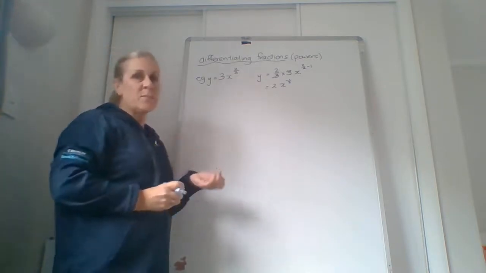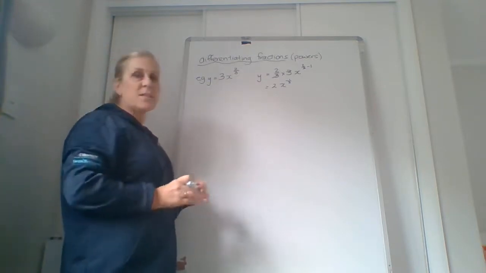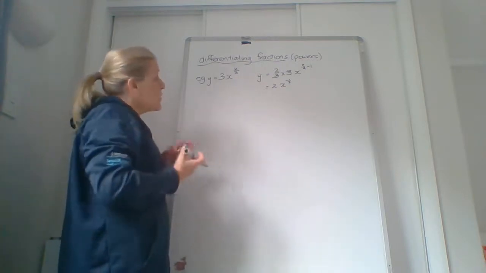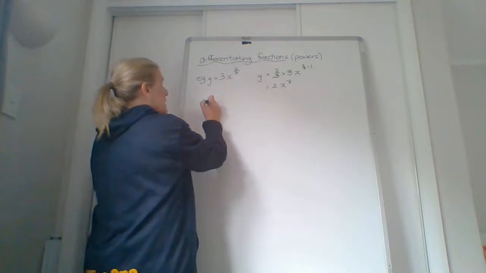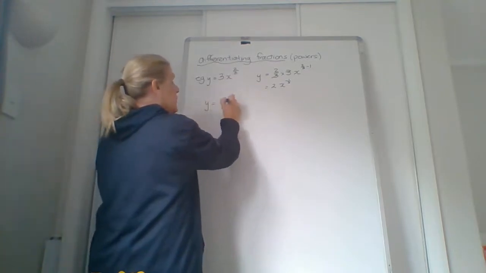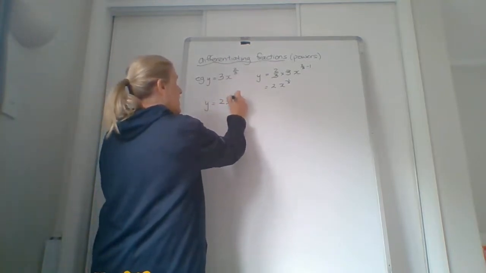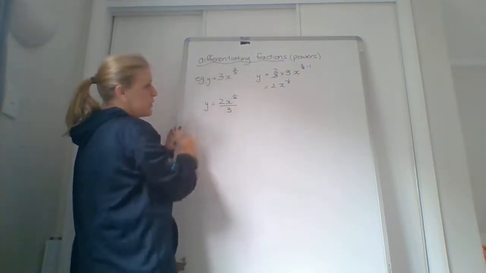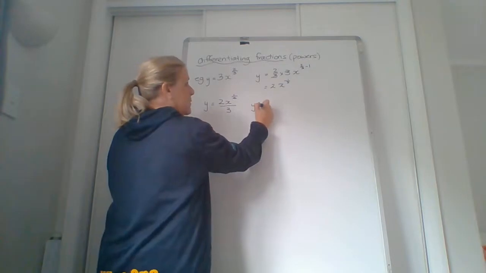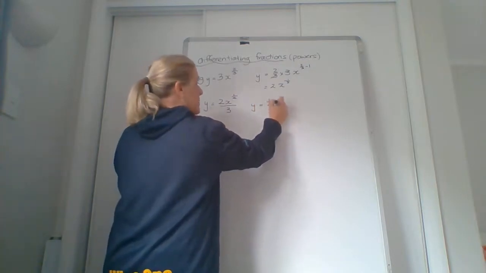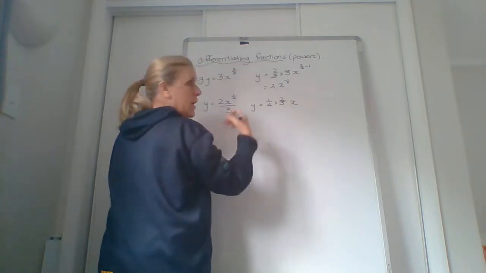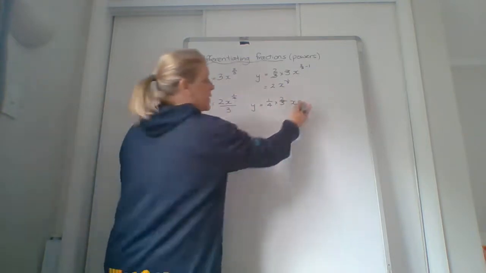They don't expect you to simplify things in this paper, they just expect you to show that you understand how to deal with things. So remember that if you've got something like this, y equals 2x to the power of a quarter over 3. This is 2/3 here, so it's y equals a quarter times 2/3 x to the power of a quarter minus 1, which is negative 3/4.